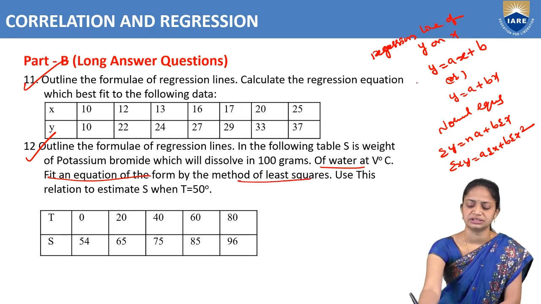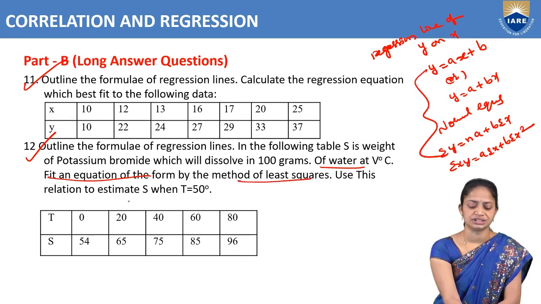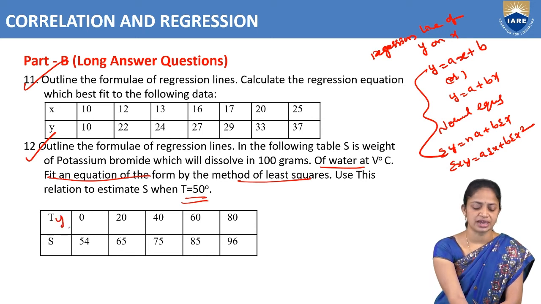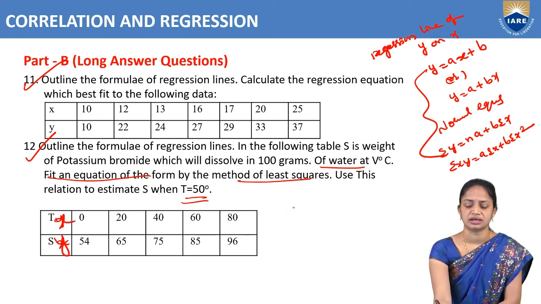Method of least squares means this method. Use this relation to estimate S when t equal to 50 degrees. Let us consider this is x and this is y. Here we have to find the regression line of y on x.